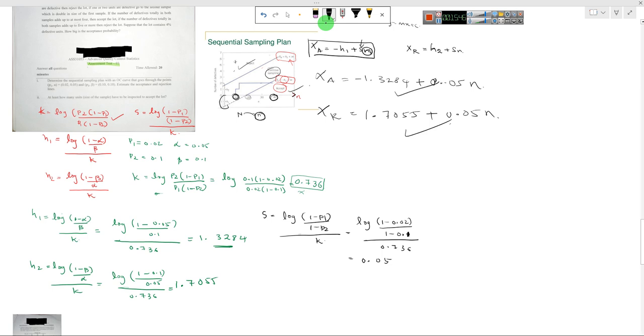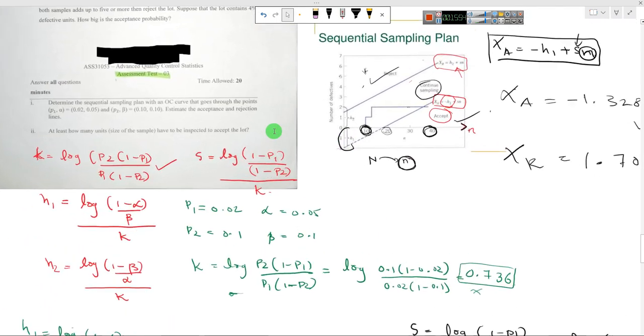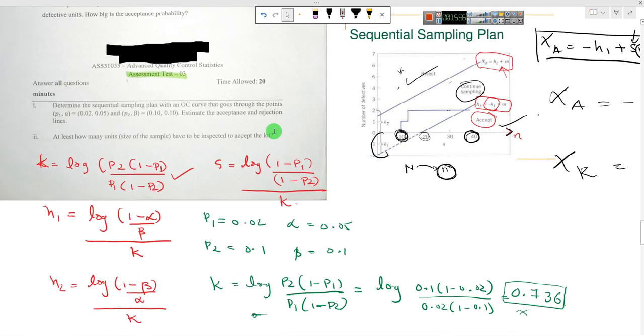So we have done the first portion of the question. Now we will come to the second portion. At least how many units of sample size have to be inspected to accept the lot? So if we want to accept the lot, it should fall in this region, right?